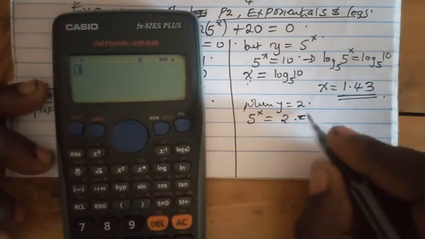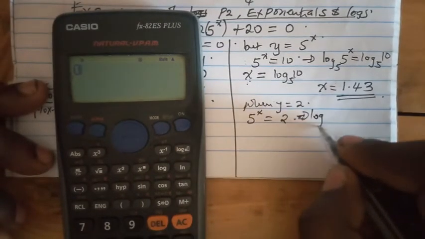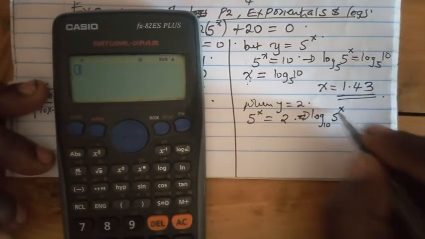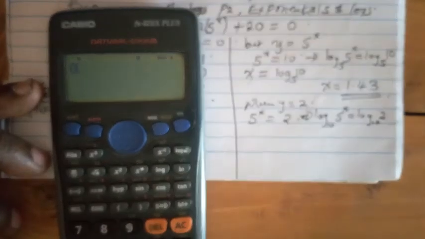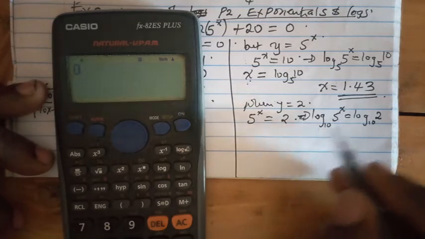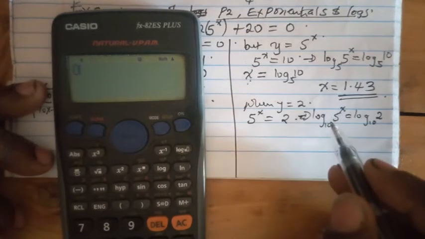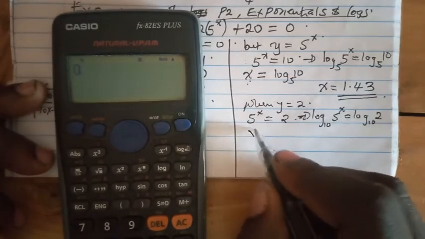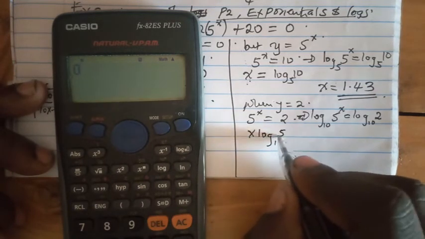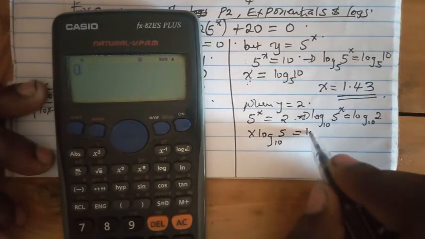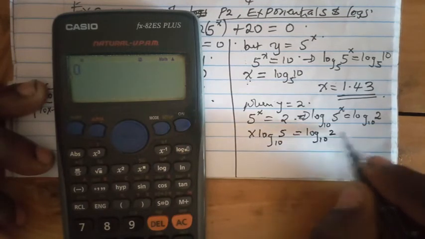So we have log to base 10 of 5 raised to power x is equal to log to base 10 of 2. And this is just now using the power law of index. We have x log to base 10 of 5 is equal to log to base 10 of 2.